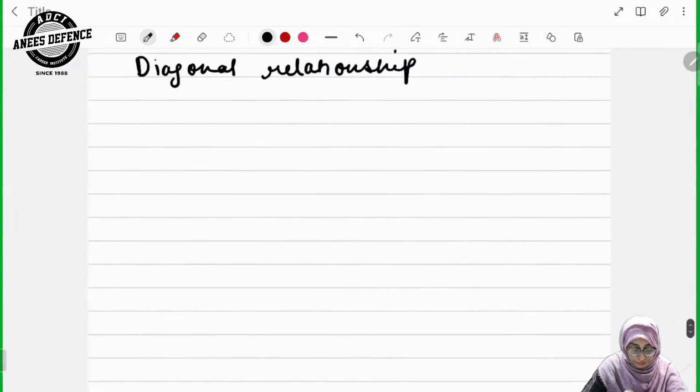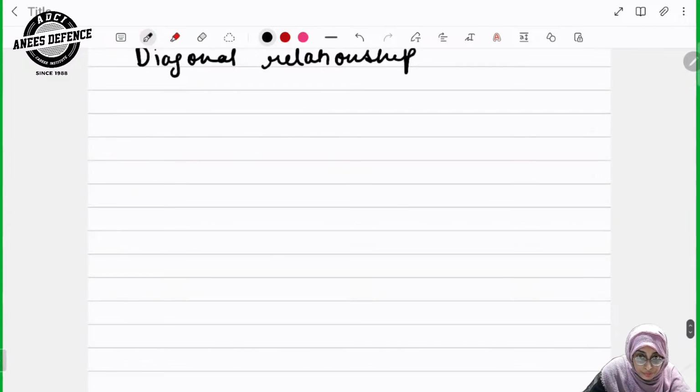Diagonal relationship means that period second components are comparable to period third ones, that are diagonal to them. Means there is a diagonal relationship between the properties.